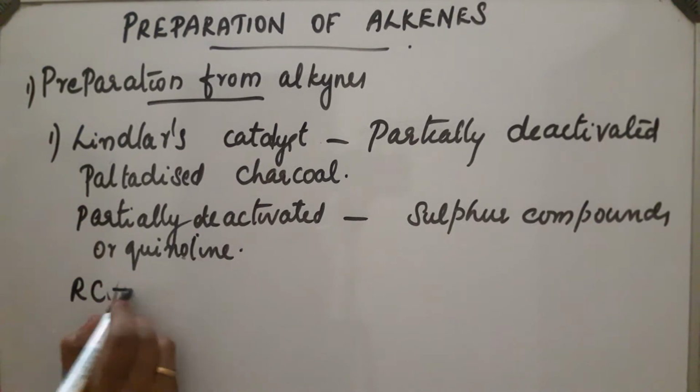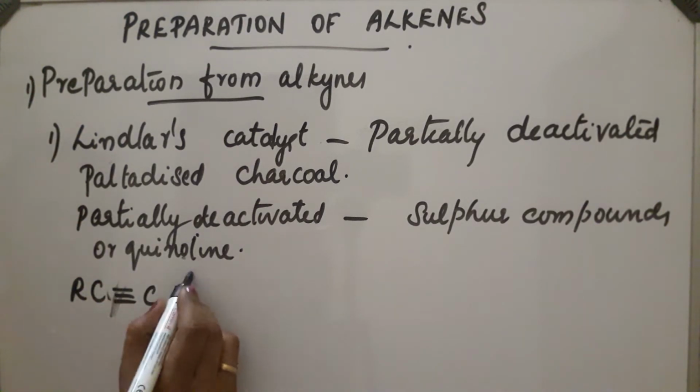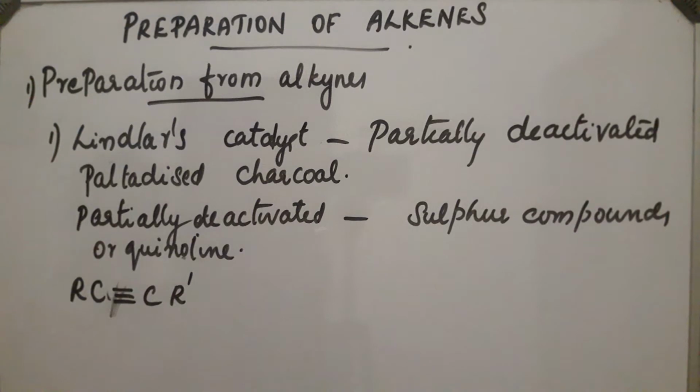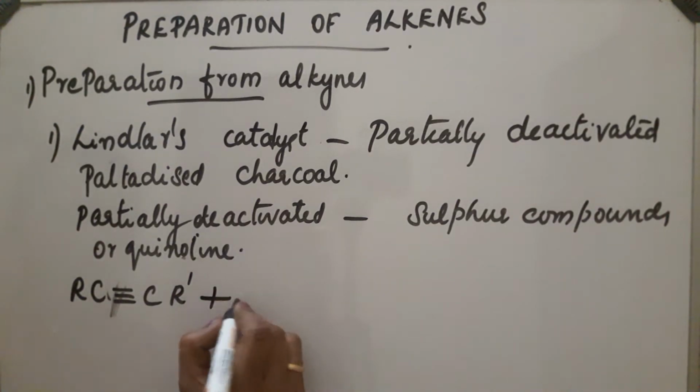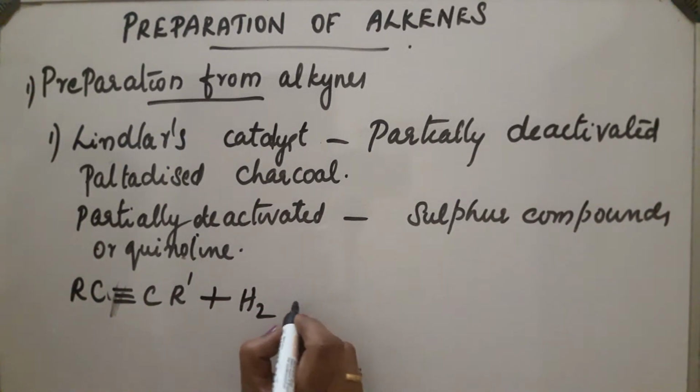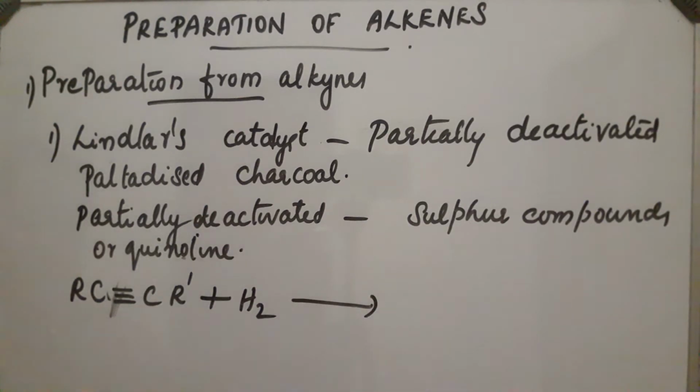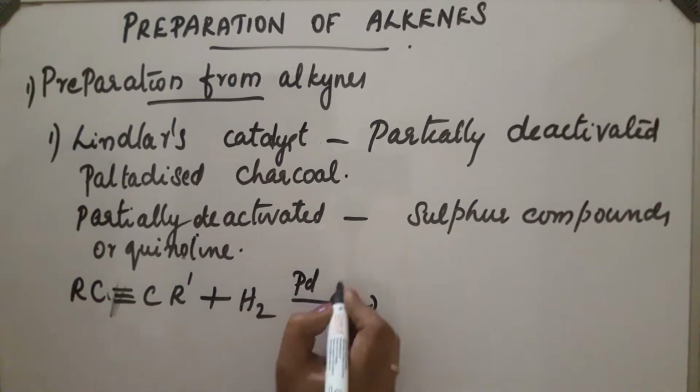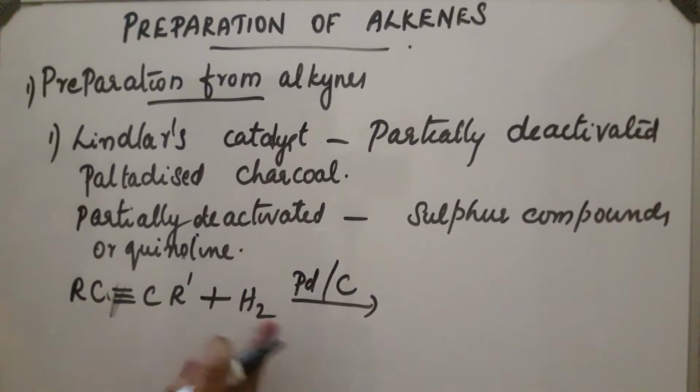RC triple bond CR', an alkyne. In this case, reduction of the alkyne is taking place. In the presence of partially deactivated pelletized charcoal, which is called Lindlar's catalyst, we will get a cis isomer.